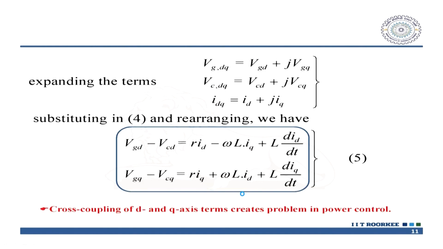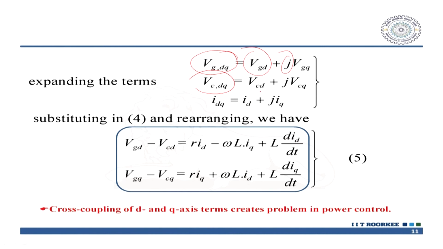Now, expanding these terms, Vg we can write as its d axis component plus the quadrature axis component, which is at 90 degrees, so we have multiplied with the j.